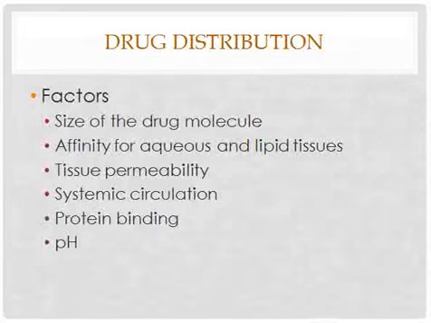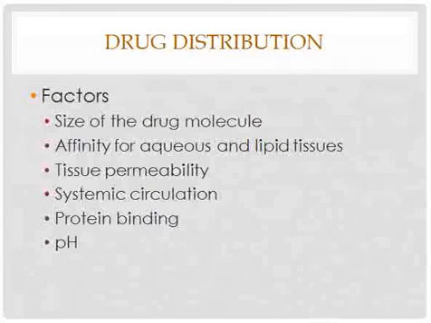So, drug distribution factors. We're absorbed and now we need it to get where we need it to be. Factors that can affect that would be the size of the drug molecule, and then its affinity for aqueous versus lipid tissues. Certain medications will particularly have an affinity for lipid tissues, and then it will just start storing itself up in fat tissue and it's not getting where it needs to go.